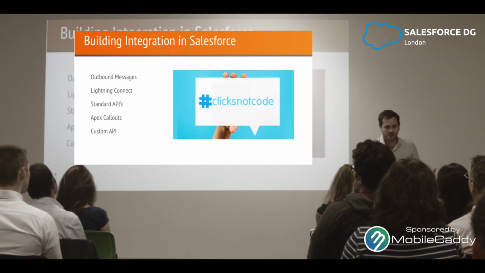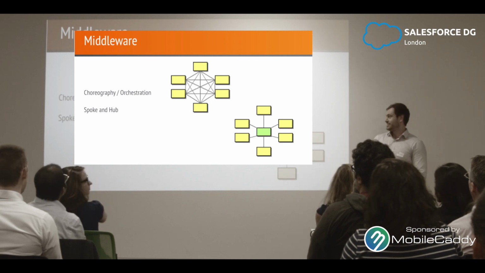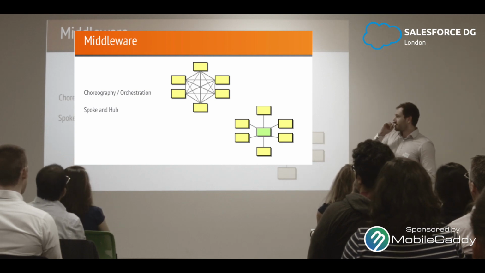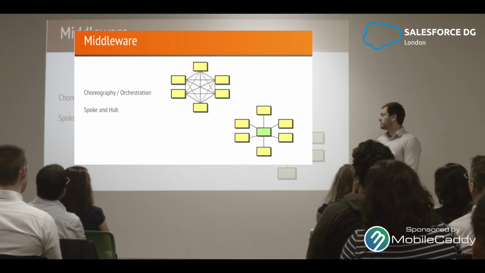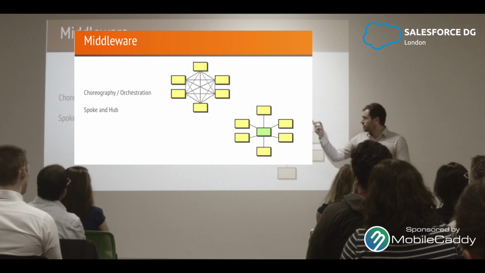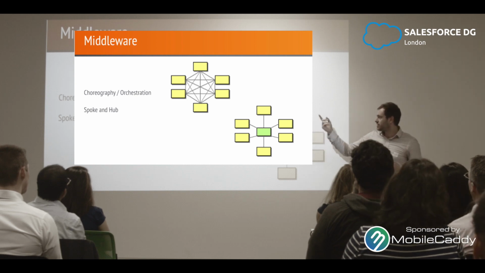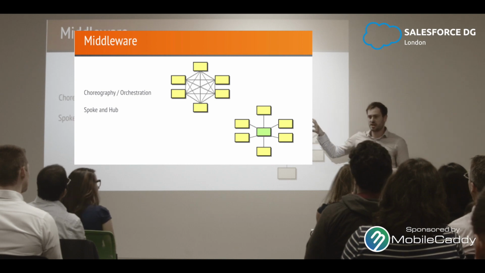So you can build loads of different integrations to different places using these different methods. So why don't we just go and connect to absolutely every system that there is possible? On the left-hand side, we've got a point-to-point, peer-to-peer integration system, and on the right-hand side, we've got a spoke-and-hub. On the left-hand side, you can see that there are a lot of connections that need to be looked after and maintained.